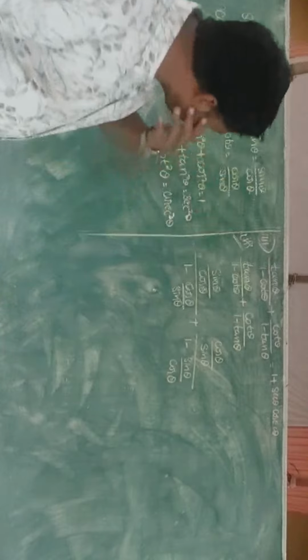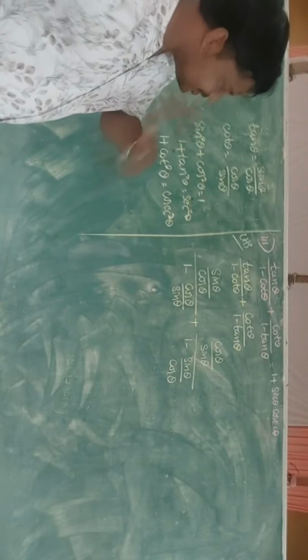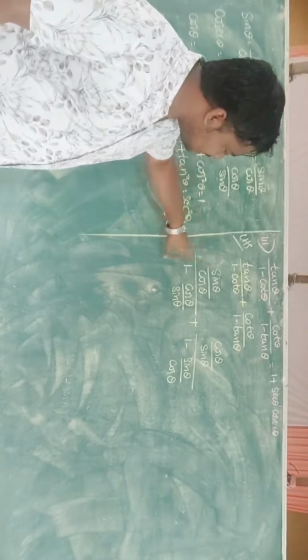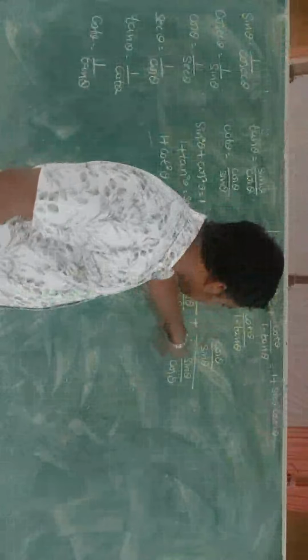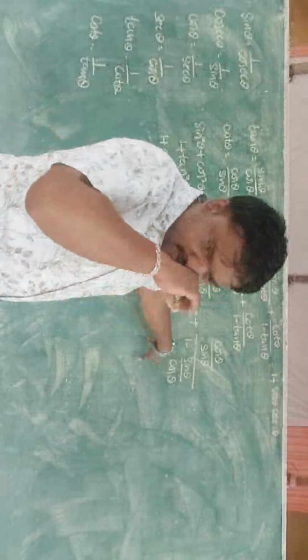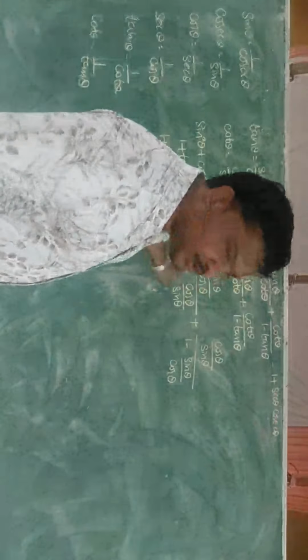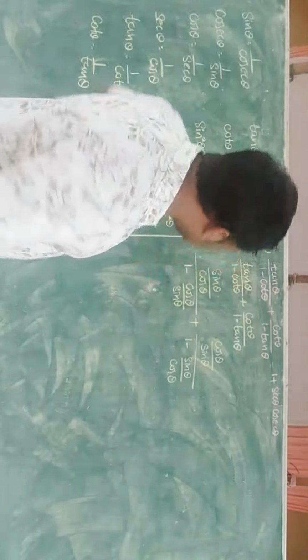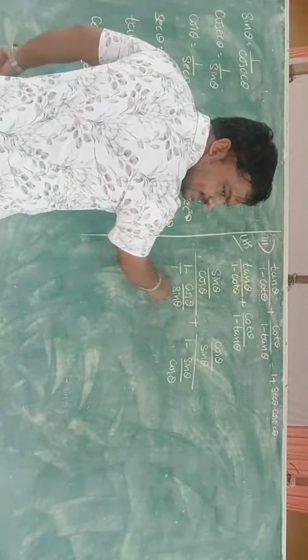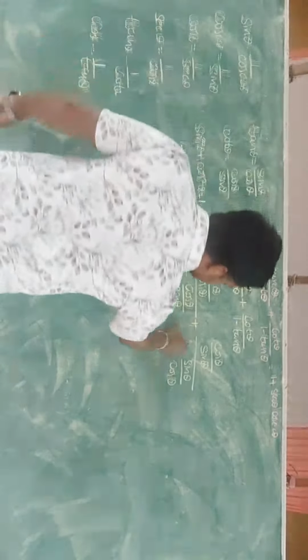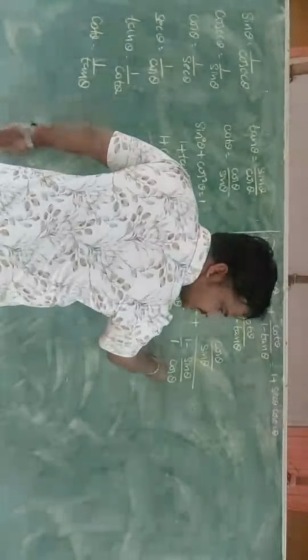See here, it became complicated, right? So we can take LCM in the denominators. Here 1 and sin theta, LCM is sin theta. Here 1 and cos theta, LCM is cos theta.